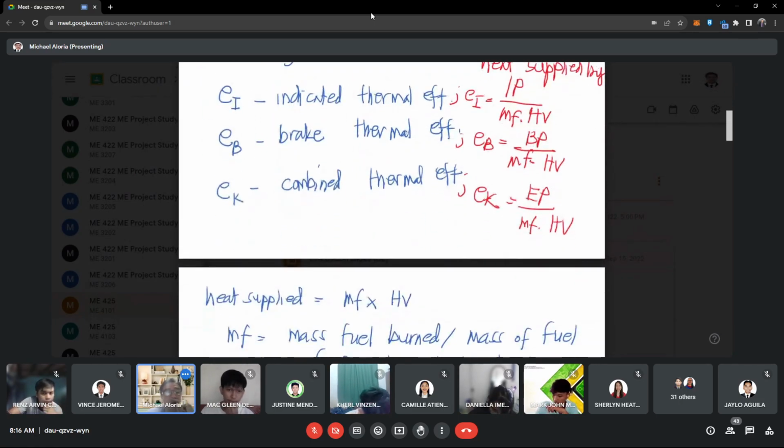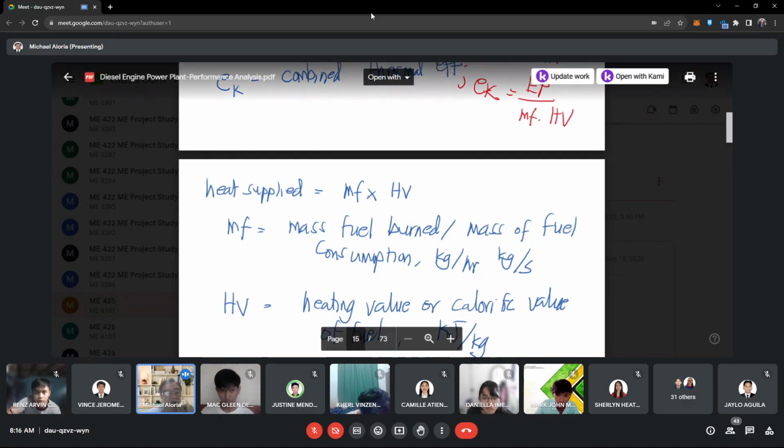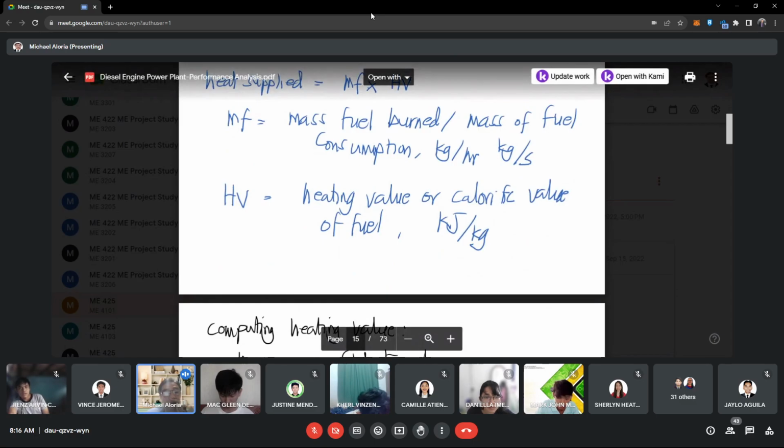Now, we define your heat supplied as a function of your mass of fuel burned or mass of fuel consumption. Okay? So it could be in terms of kilogram per hour or kilogram per second. And then we have also the heating value or calorific value ng fuel. Ano ba yung fuel na ginagamit natin? Again, we have your diesel fuel, a petroleum-based product. Okay?